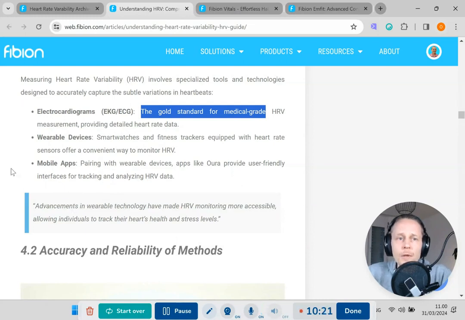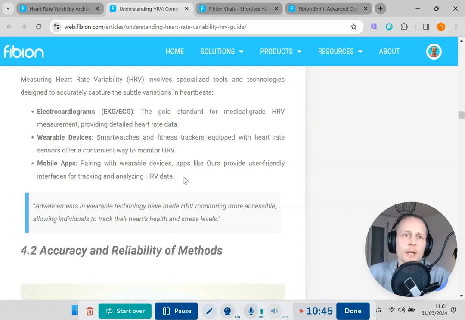And you can also have some mobile apps. There are many kinds of ways of trying to measure heart rate variability. So basically when the heart beats, you can also see that, for example, the color of the veins or the arteries is changing. So you can try to detect it with light sensors in a way.